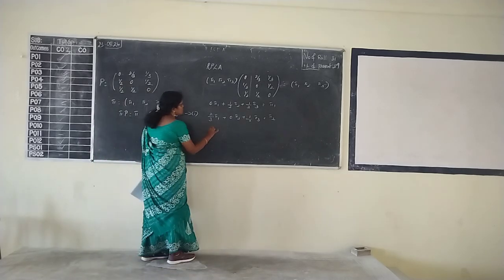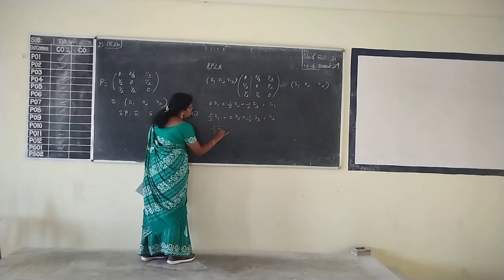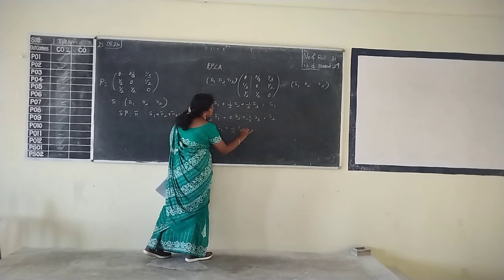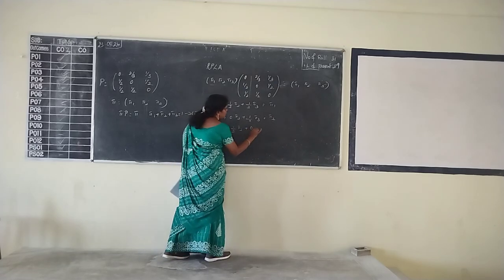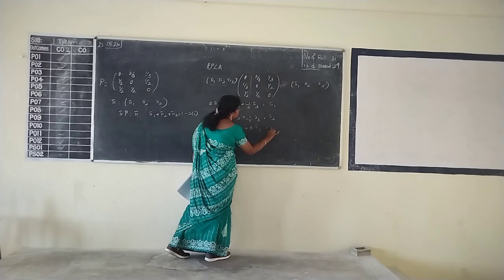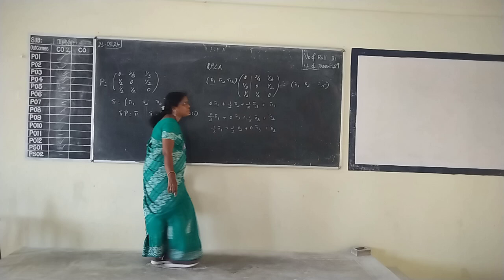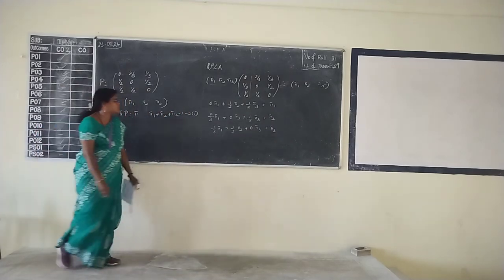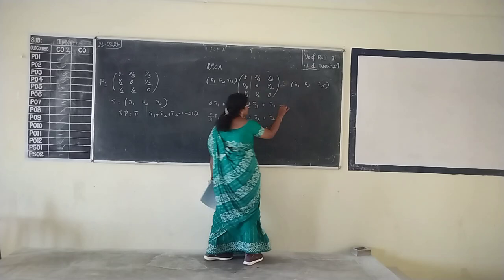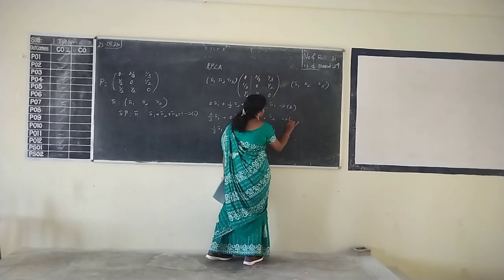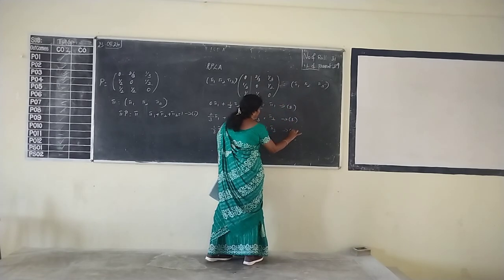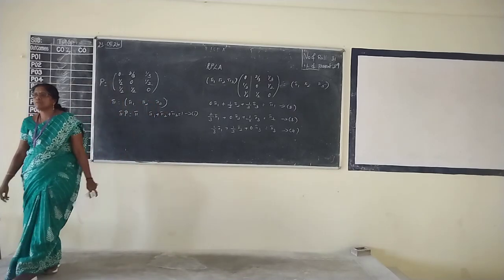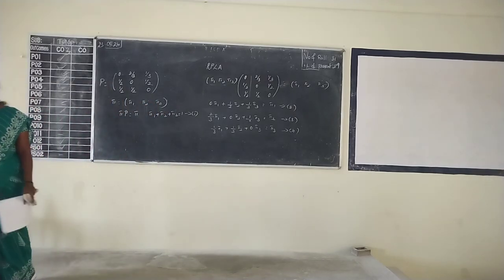So it is 1 by 3 into pi 1 plus 1 by 2 into pi 2 plus 0 into pi 3. That should be equal to pi 3. So in total, how many equations will we have? 4 equations. So you have to solve all the 4 and try to find pi 1, pi 2, pi 3.